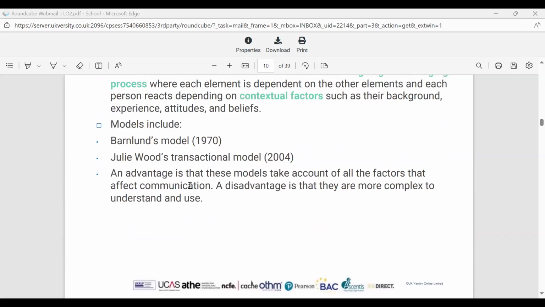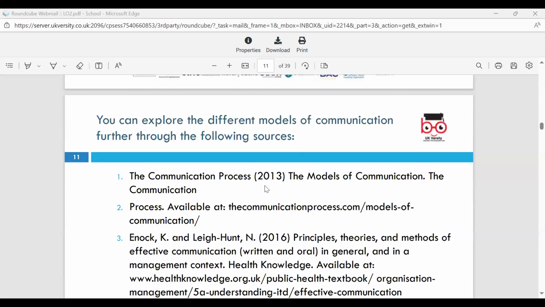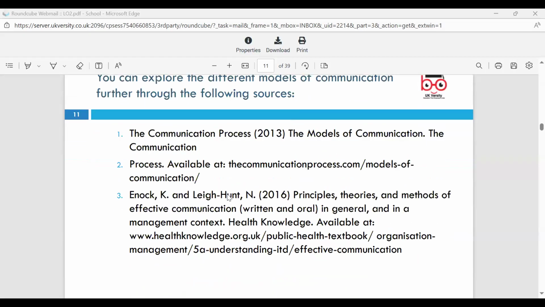Other models you can look at would be Barnlund's model from 1970 and Julia Wood's transactional model from 2004. You can explore different models through further sources, and we've got here the communication process from 2003. It isn't a specific model, but it refers to the fundamental steps of effective communication, a cycle that looks at the process of developing communication between the sender and the receiver.